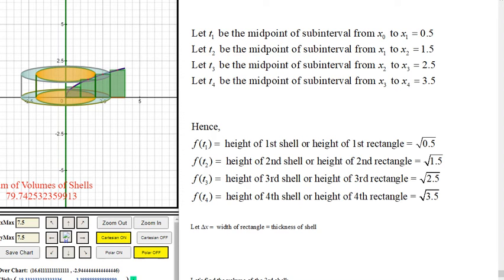And now let's look at the height of each shell. So this is shell number 3. And remember that this function right here is y equal to the square root of x. To figure out what the height is, we use the midpoint right here, which is 2.5. And so the height would be f of 2.5.